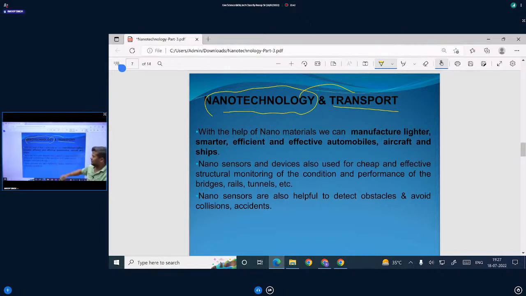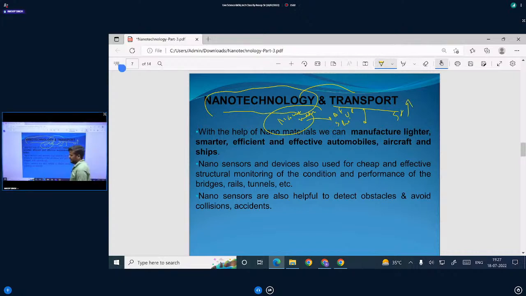With the help of nanomaterials, we can build vehicles, aircraft and ships that are less in weight, but their strength is very high.